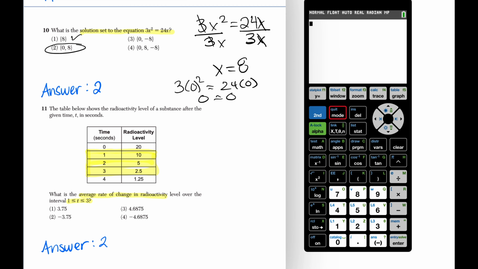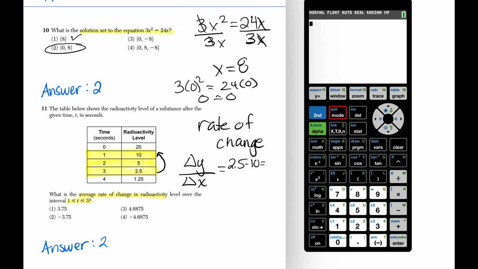All right, so we're looking for rate of change, and for that we're going to use our rate of change formula. I want to look at the change in y over the change in x. So from here to here, how much did it change? 2.5 minus 10.